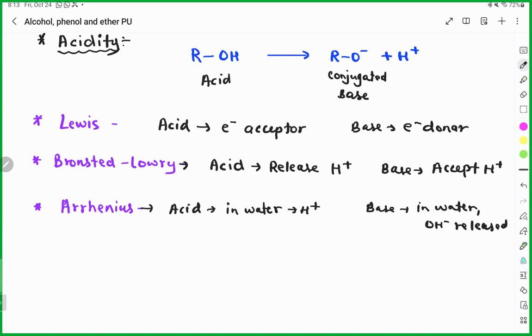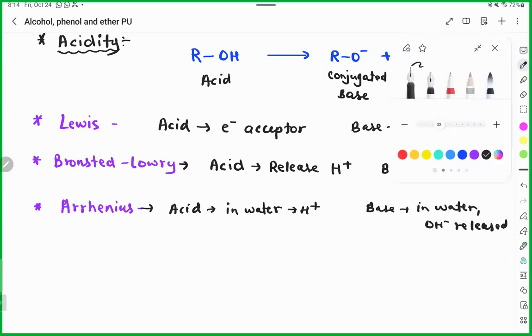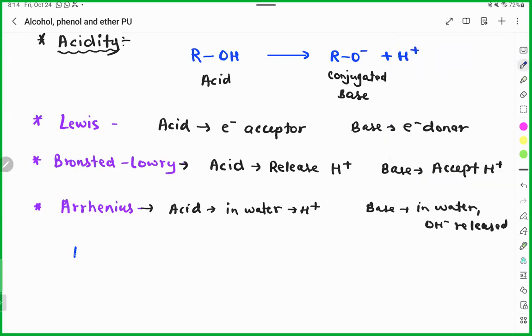In case of water, we use Arrhenius concept, release of H positive ion is acid, very basic, conventional. Bronsted-Lowry, where we talk about acceptor of H positive and donor. Example, Chinmay, if you take ammonia, this accepts H positive ion and forms ammonium ion. Is it acid or base?